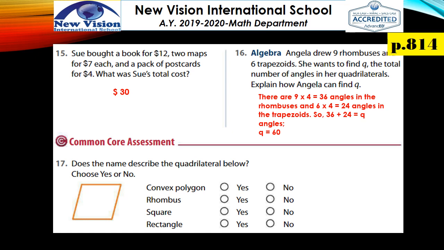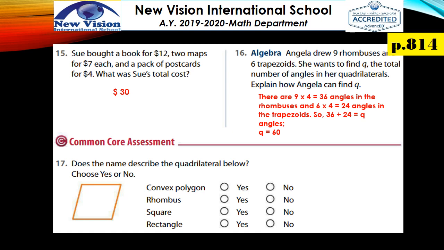For the trapezoids, 6 times 4 equals 24 angles. So 36 plus 24 equals Q, the total number of angles. Hence, 36 plus 24 is equal to 60. So there are a total of 60 angles in her quadrilaterals.